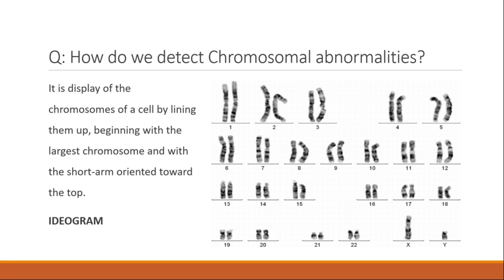There are different prenatal tests we have already talked about: invasive tests, non-invasive tests, amniocentesis, chorionic villus sampling. Different tests are done prenatally, before the birth. So we can detect chromosomal abnormalities at different stages of human development.